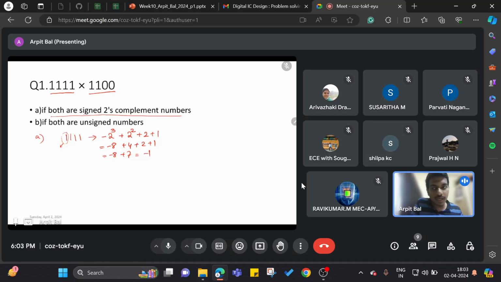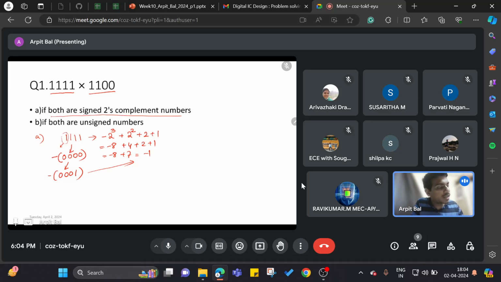Either you can evaluate in this way, or to get the original number, 1 will represent the minus sign, then you invert the bits, that is take the 1's complement, so it will become 0000, then you add 1 to it, so it will become 0001. Either way we arrive at the same answer.